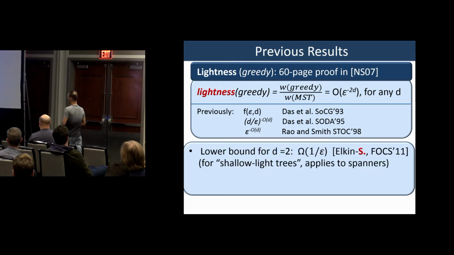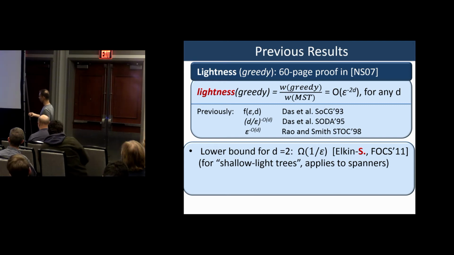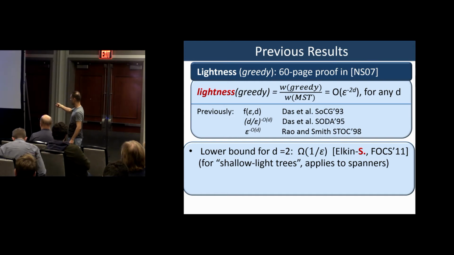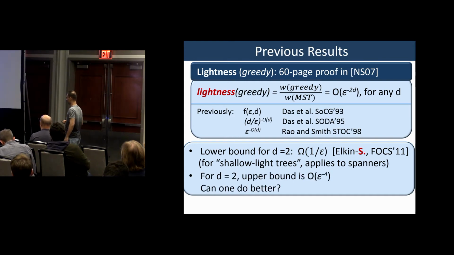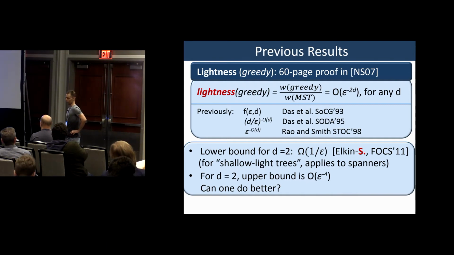Here, there is some lower bound from a previous work with Elkin on a similar structure. It's called shallow light trees. And there we, at least for 2 dimensions, got some lower bound. But you can see that there is still some big gap between the lower bound and the upper bound. So for dimension 2, the upper bound is epsilon to the minus 4. The lower bound is epsilon to the minus 1. Can we do better? And what about higher dimensions?